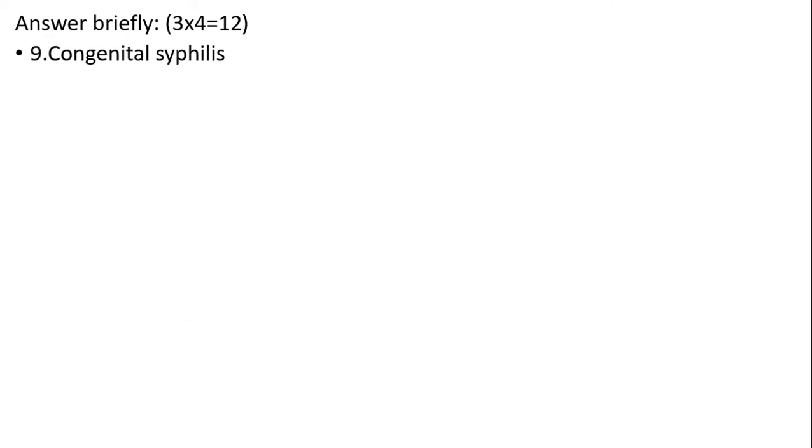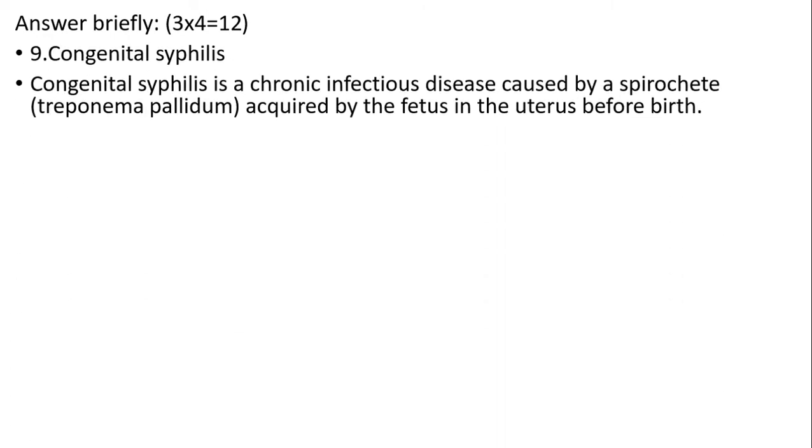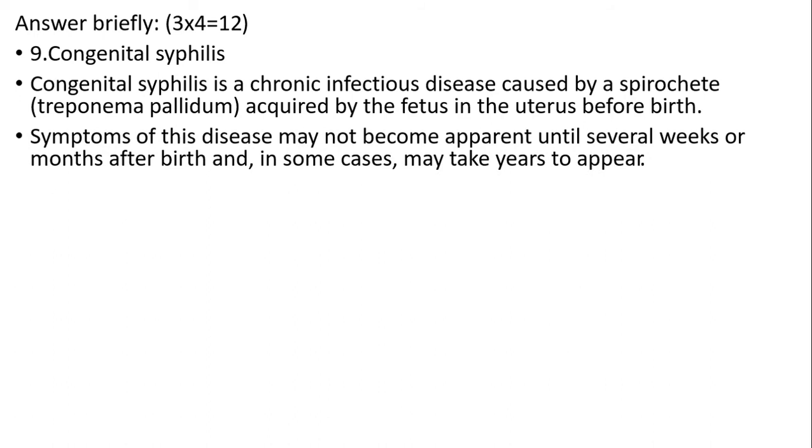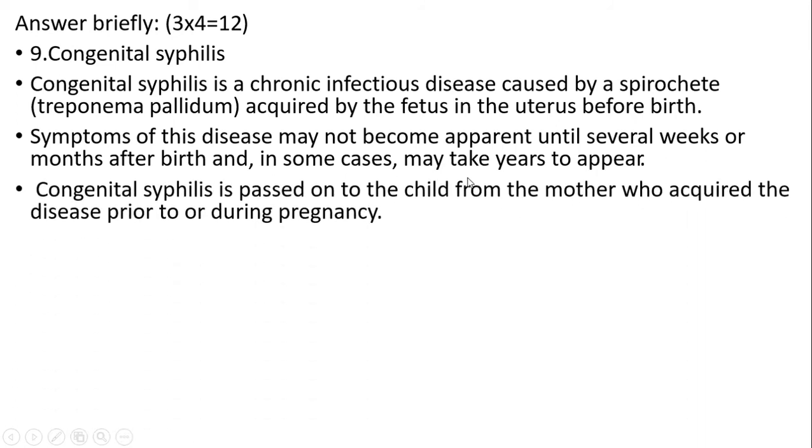Answer briefly: congenital syphilis. Congenital syphilis is a chronic infection caused by Treponema pallidum acquired by the fetus in the uterus before birth. Symptoms of this disease may not become apparent until several weeks or months after birth, and in some cases it may take years to appear. Congenital syphilis is passed on to a child from the mother who acquired the disease prior to or during the pregnancy.